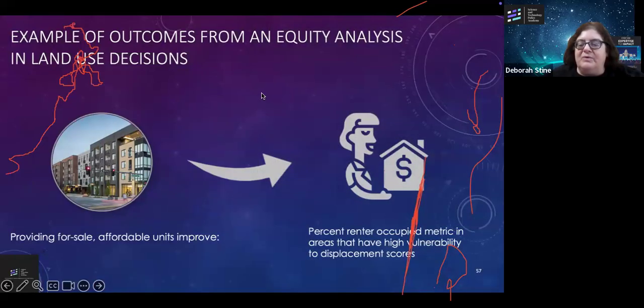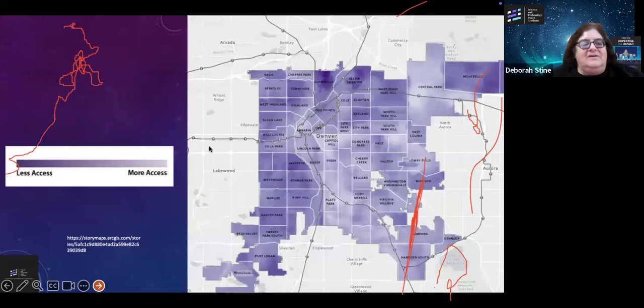And so the goal would be to reduce the number of people who rent in these communities that have high vulnerability to displacement, so there's more people who own homes in this area. And you can see here that this is a map where they're looking at the degree to which they have more or less access to housing.